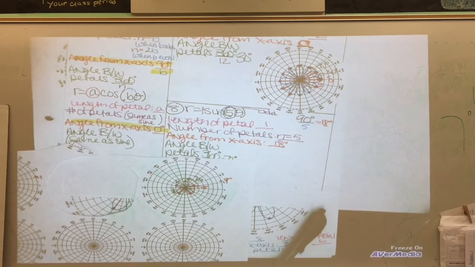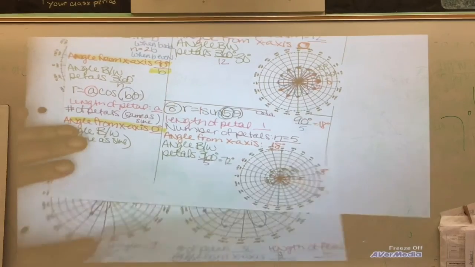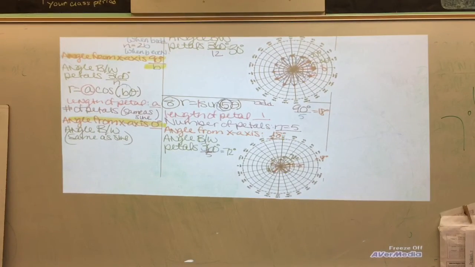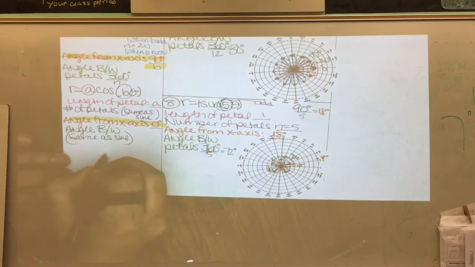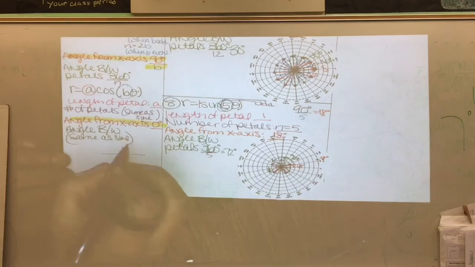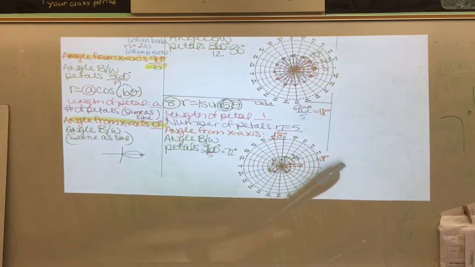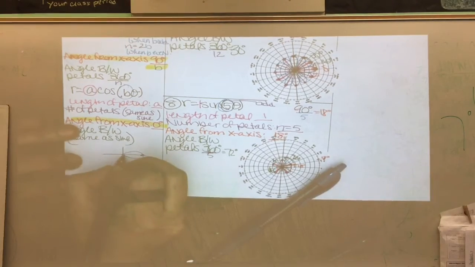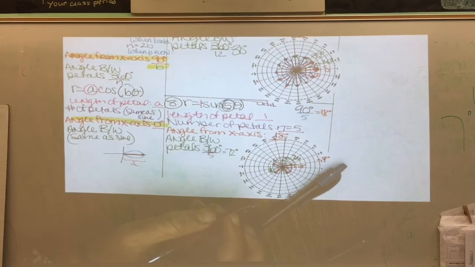Okay. A few other things that I might want to add to my notes here would be maybe a little image. So like for my cosine, I know that my first petal is always going to begin on the x-axis. I know that this length here always comes from the A value. Okay.